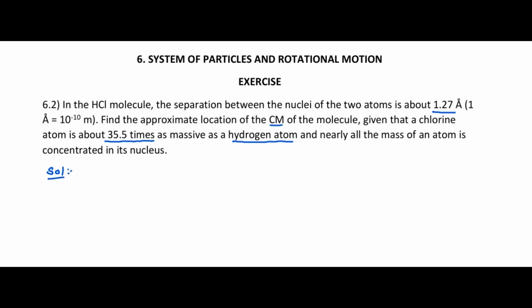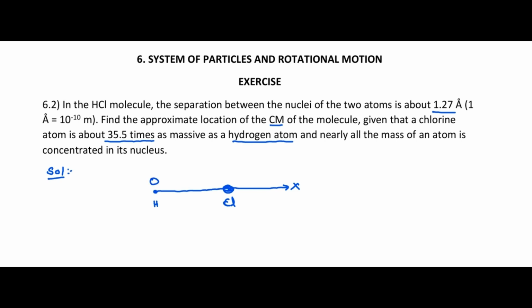Here we can assume that this HCl molecule will be like this. I am taking hydrogen like a dot, for chlorine somewhat bigger, because the size of the chlorine is higher compared to hydrogen. We can take this along x-axis, and this is suppose say origin.